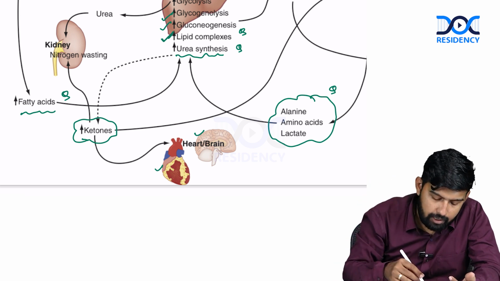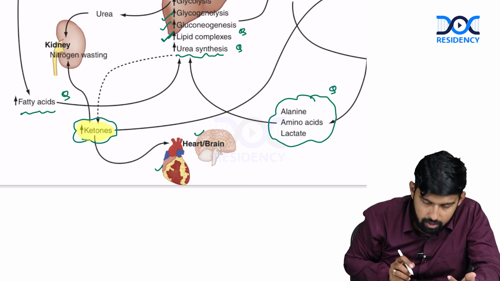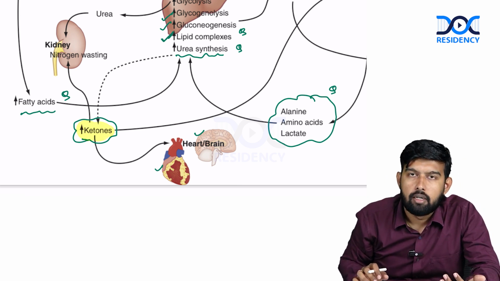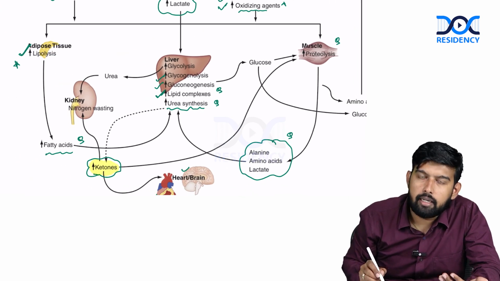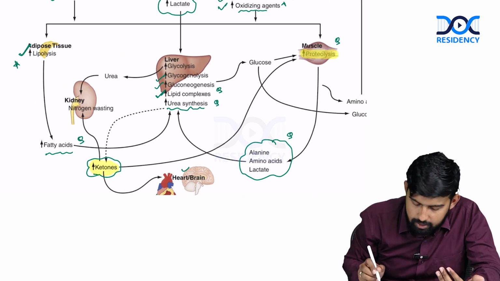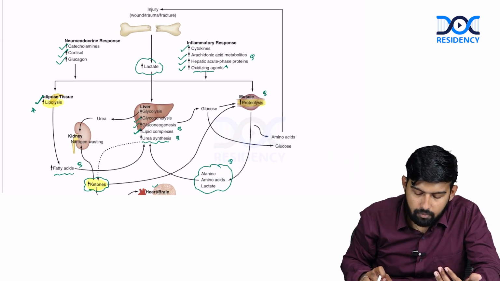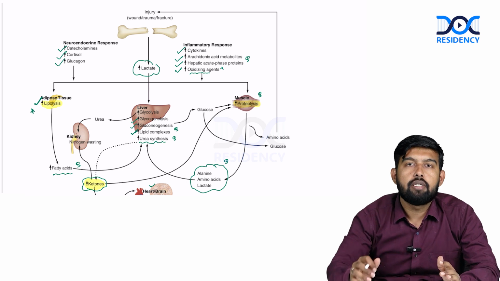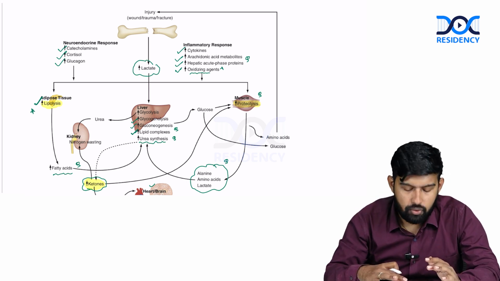So the body cannot use the ketones as a source of energy in case of trauma or sepsis. The body relies on proteolysis and lipolysis for energy. So this is the flow chart given in Sabiston, which depicts the response to the injuries.